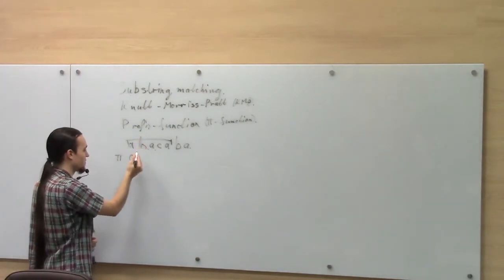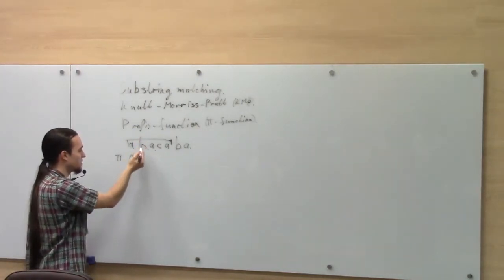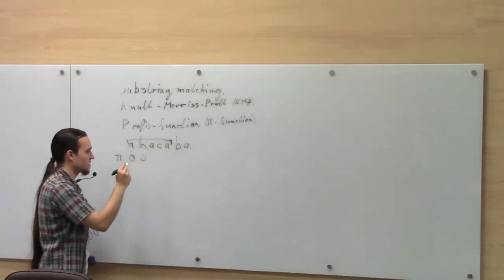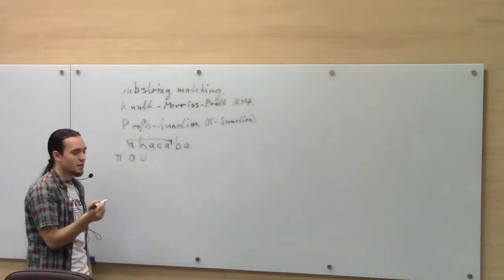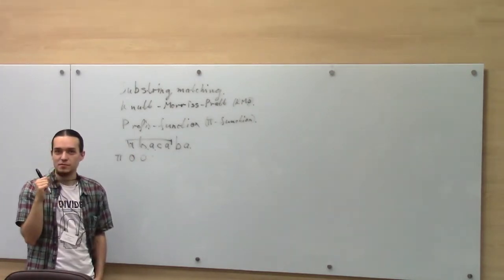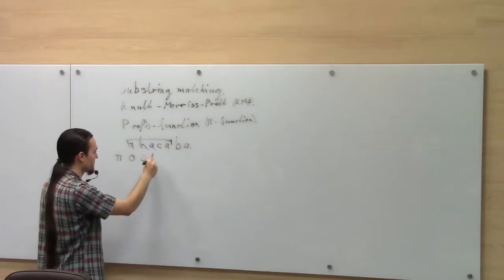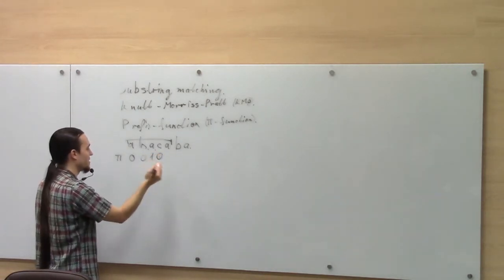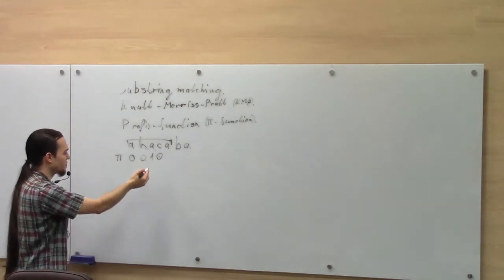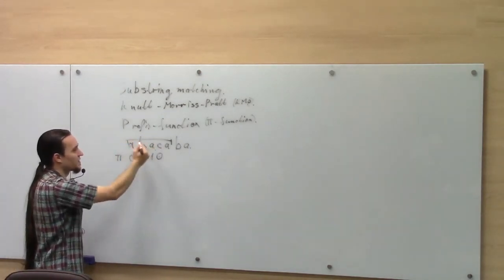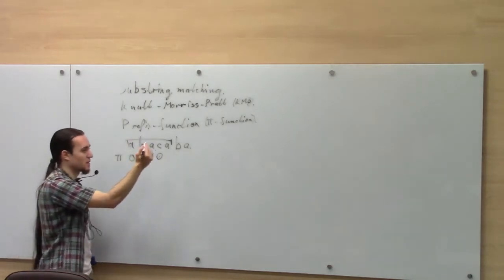Here 0, here A and B don't match, so we have 0 as well. Here, I think, it's 1. Here is 0. Basically for the value to be not 0, the characters should be matching. Otherwise, it doesn't work.